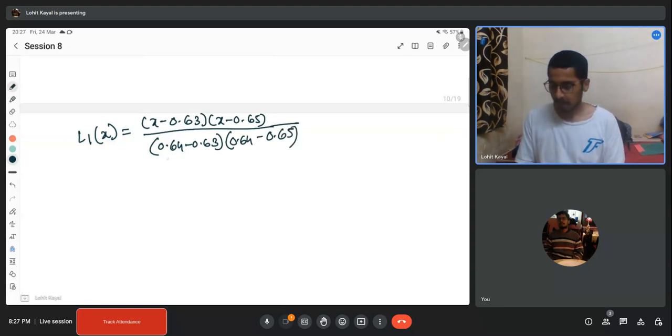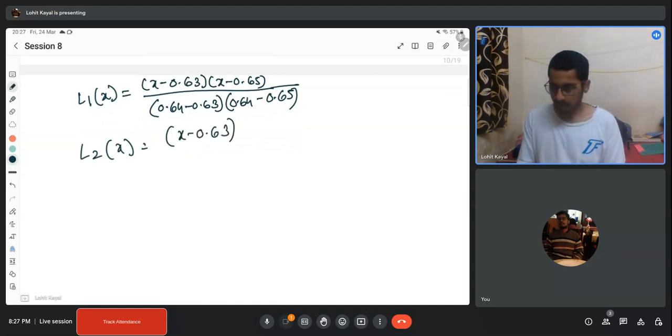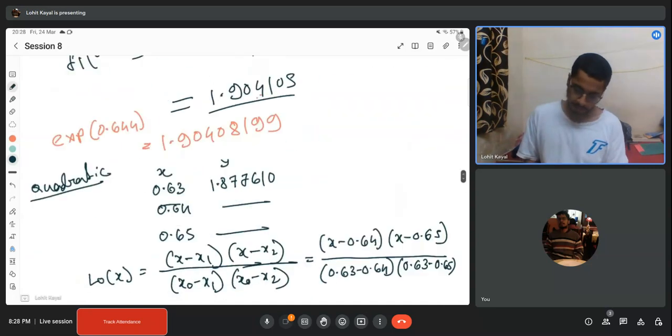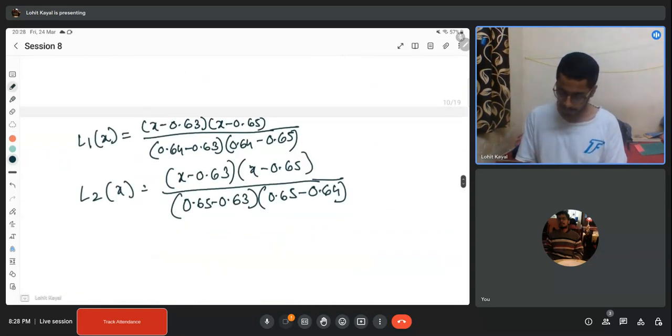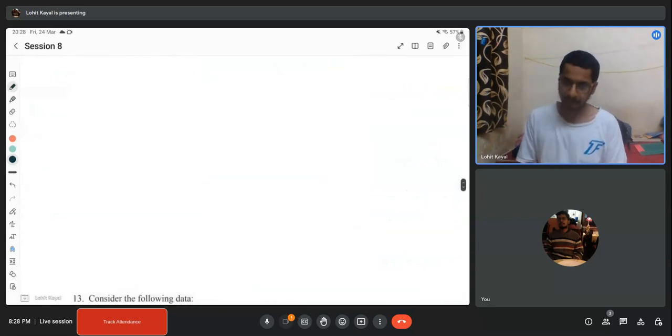This is x1 minus x0 and x1 minus x2. Similarly, you will get that L2 of x equals x minus 0.63, x minus 0.65, divided by 0.65 minus 0.63 and 0.65 minus 0.64. You can already see that this job using this interpolation scheme is already lengthy.